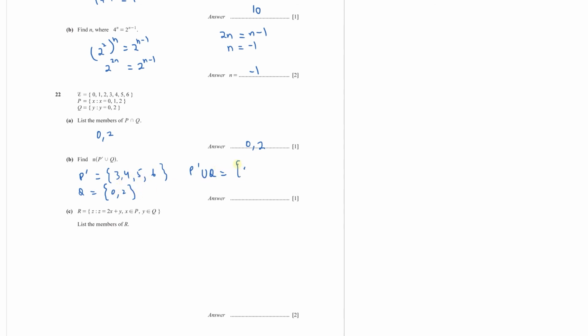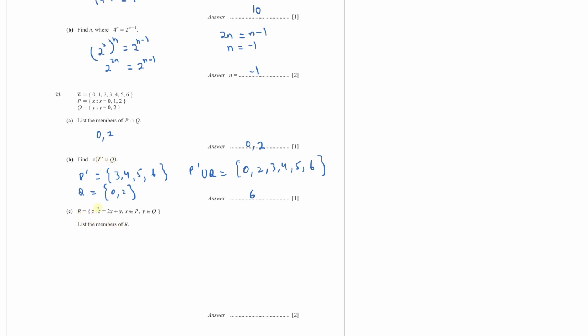So this will be, I'll write the elements of Q first, 0, 2, and then 3, 4, 5, 6. But remember you have to give the number of elements in this set, not the set itself. So how many elements are there? 1, 2, 3, 4, 5, 6. So there are 6 elements in P complement union Q.